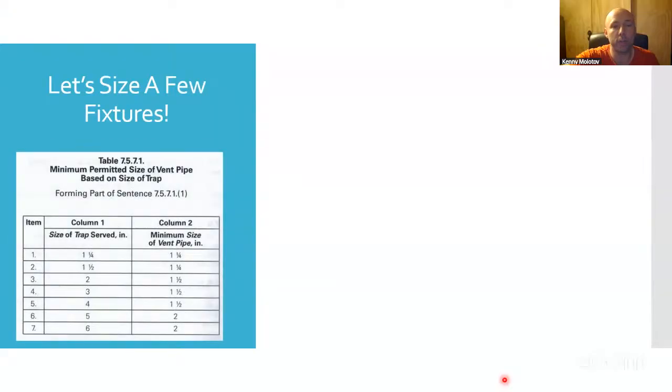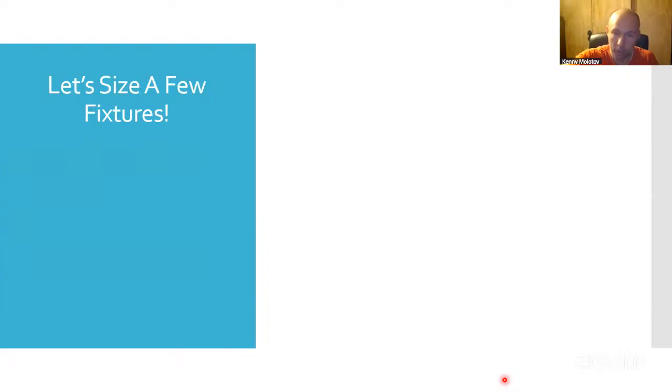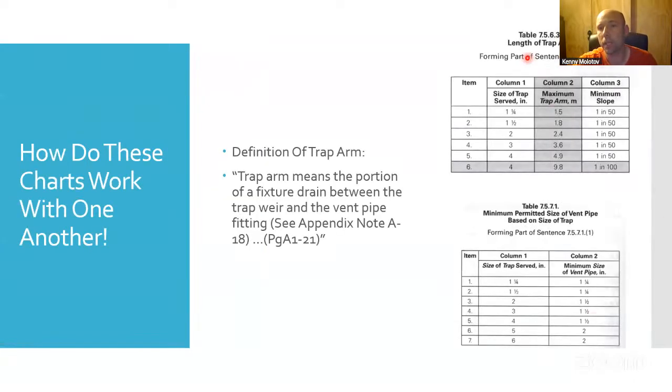So let's size a few fixtures, and these were drawn by hand. Max distance from trap arm to vent. Denver, look over here. 7563, maximum trap arm. The maximum length of the trap arm at inch and a quarter is 1.5 meters. The maximum length of the trap arm is 1.8 meters for inch and a half.